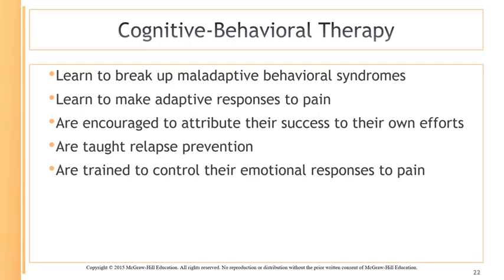With cognitive behavioral therapy, people learn to break up maladaptive behavioral syndromes and make adaptive responses to pain. They're also encouraged to attribute their success to their own efforts, are taught relapse prevention, and are trained to control their emotional responses.